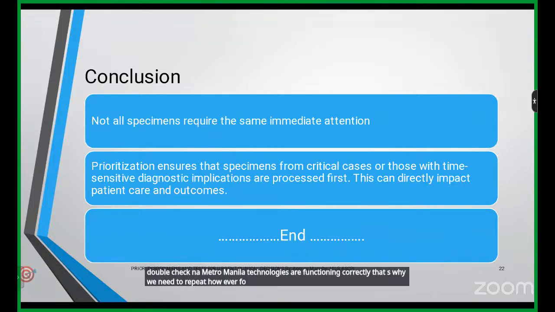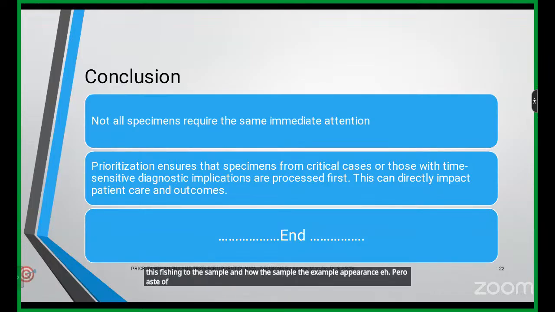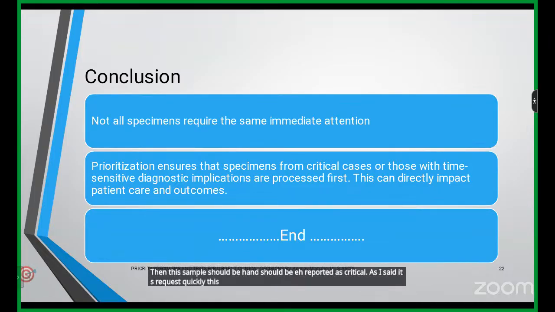However, for cholera cases, if there's a clear indication that there is cholera in town, and there is this patient, the sample appearance, the state of the sample, the state of the patient, etc., then this sample should be reported as critical. As I've said, it requires quick discretion, prompt action, and prompt reporting.